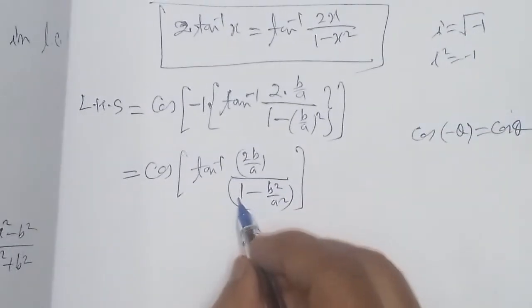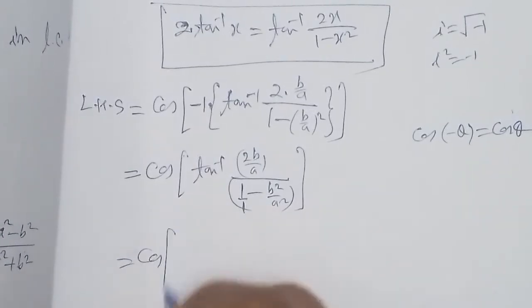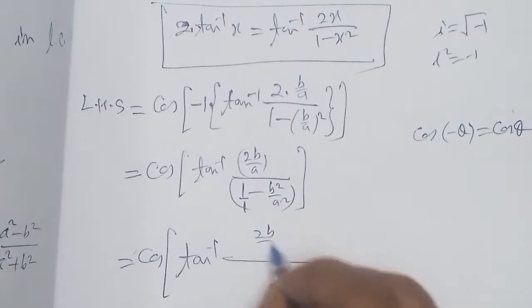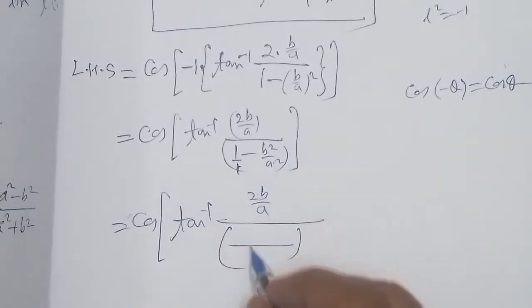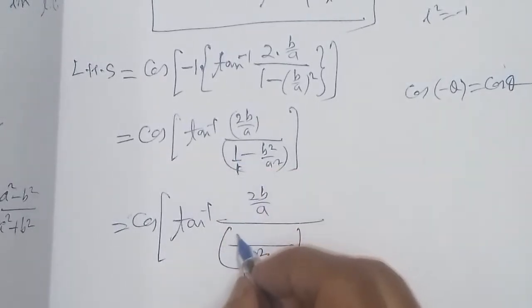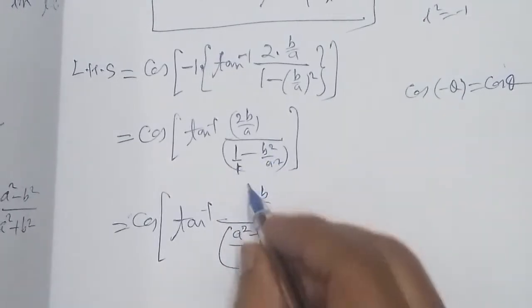After taking LCM, we get cos of tan inverse of 2b upon a, and we take LCM of 1 and a square, a square multiplied to 1 we get a square, and 1 multiplied to b square.